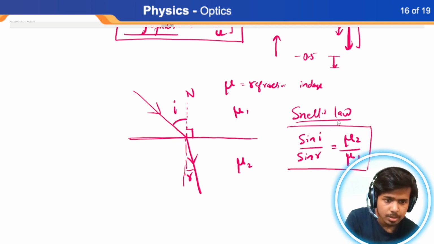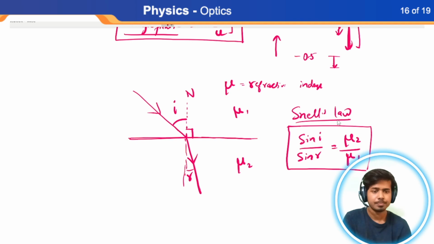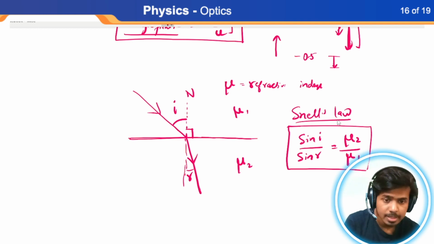This is the basic law of refraction. This will determine how much the light is going to bend while moving from one medium to another medium having different refractive indices.